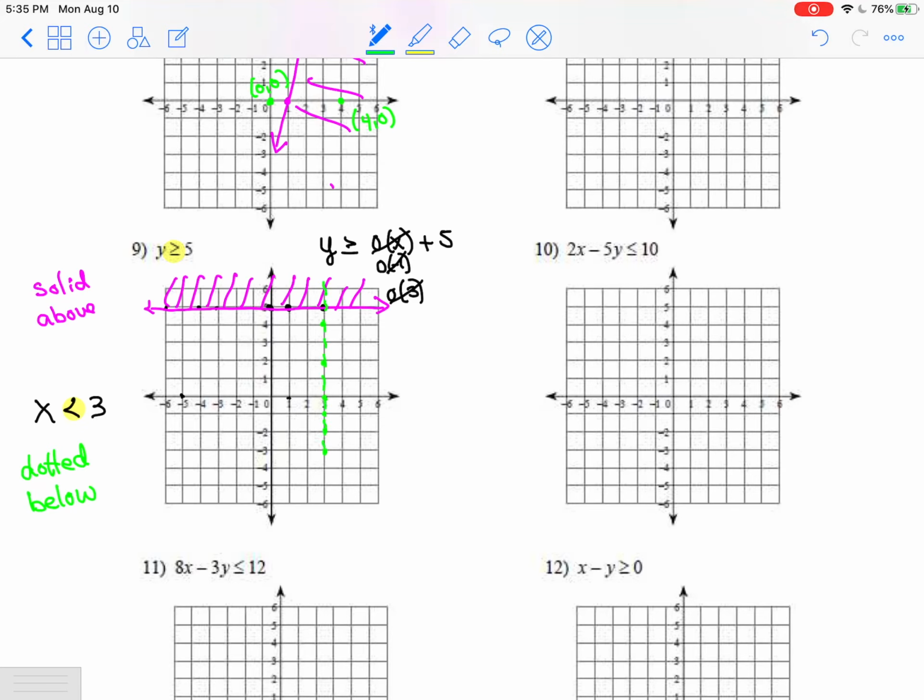So we're going to just have a dotted line going here. In this case, we're not talking about our y's, we're talking about our x's. So all of our x's that are below 3 need to be in that solution region. So that's why we know we're going to be shading that left side of that line.